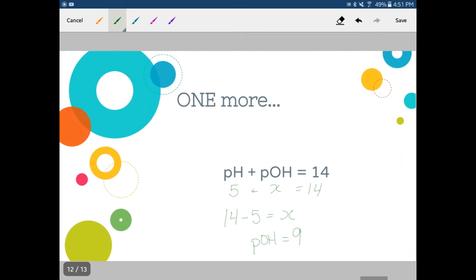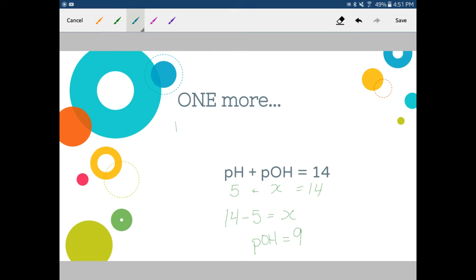Let's look at some calculations to solve some of these. If I have a pH of 2.4 and I'm looking for my hydronium ion concentration, I simply go: my H3O is equal to 10 to the exponent of my negative pH, negative 2.4.